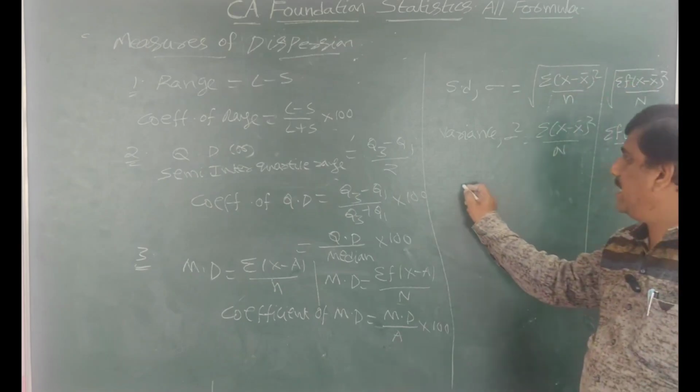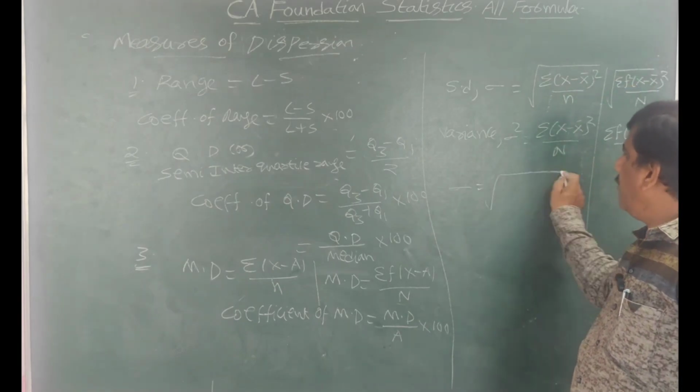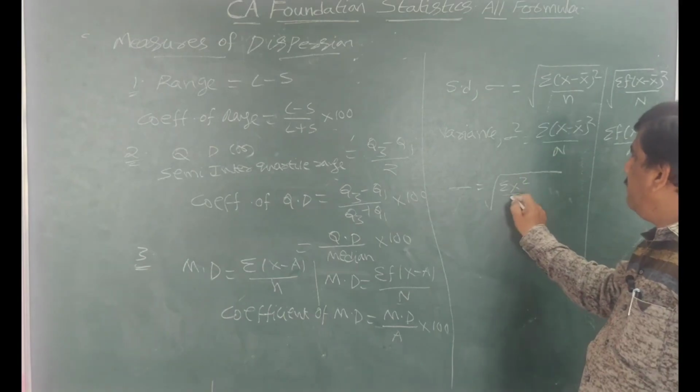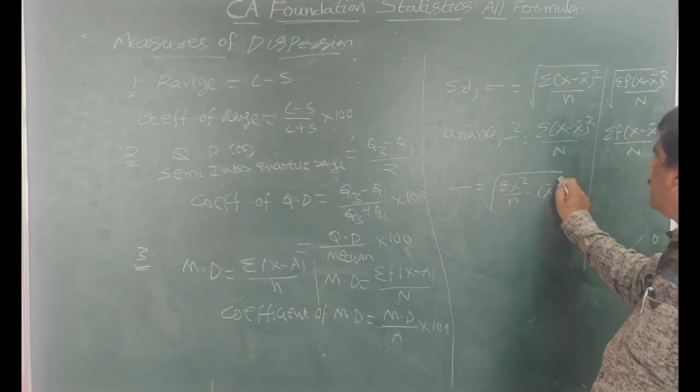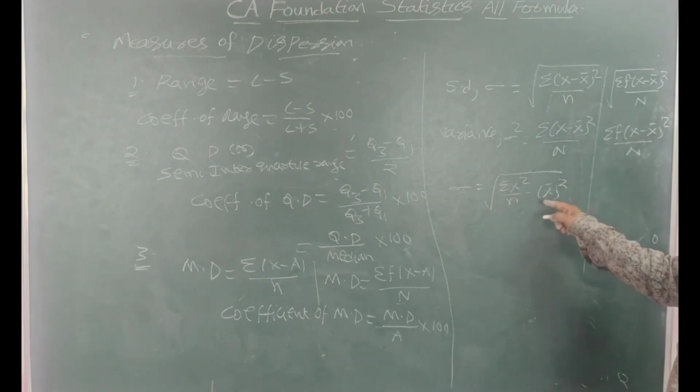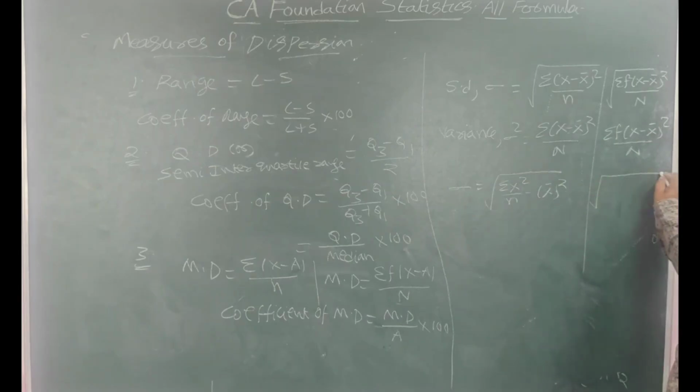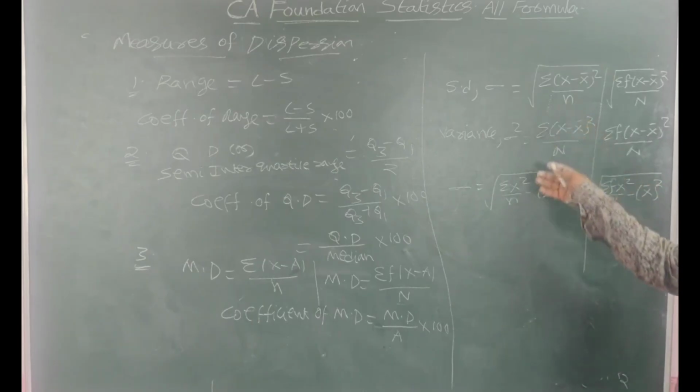The indirect formula for SD is the square root of summation x square by n minus x bar whole square. This is for an individual series. If it is discrete or continuous, the formula for SD is the square root of summation fx square by N minus x bar whole square. If you remove the root, again the variance formula is obtained.